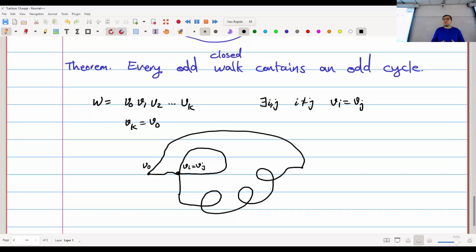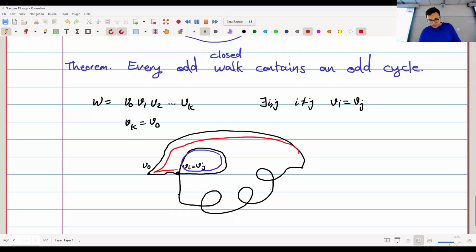So this is my closed VOC, and I know that it's odd. So I know that the total number of edges is odd. Now, look at this part here. This is also a closed VOC. So I have my big closed VOC, and I could actually divide it into two smaller closed VOCs.